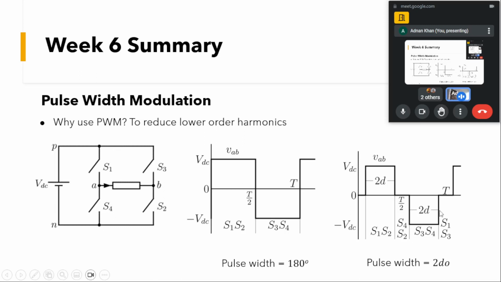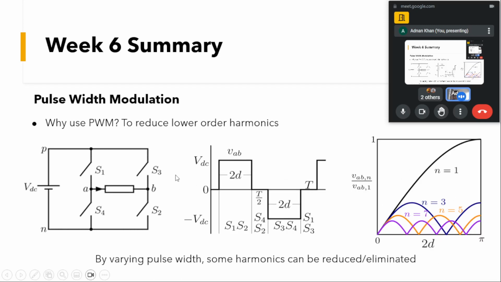Now if you want to have the negative VDC, I'll be switching on S3 and S4, and in a similar fashion I'll be switching S1 and S3 to achieve 0 voltage. If we do the Fourier analysis of this, for the nth harmonic, the amplitude of the nth harmonic has been normalized with respect to the fundamental.